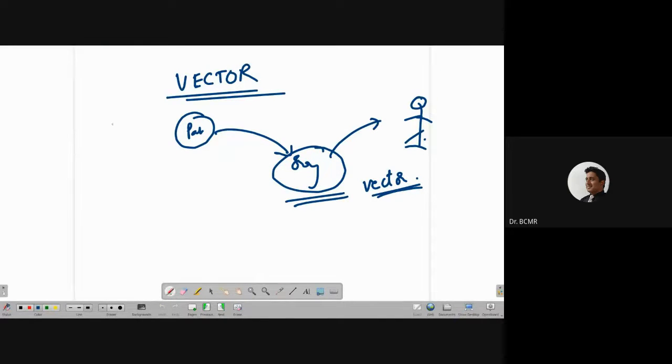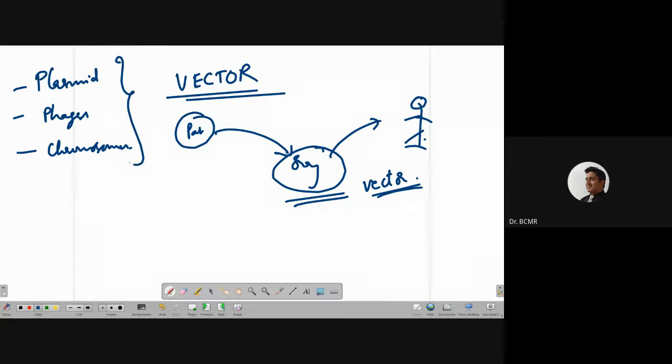There are many different types of vectors. Vectors could have been derived from plasmids, phages, or even chromosomes, bacterial as well as eukaryotic. There are so many varieties of them. We cannot cover all of them, but we will cover some of the very important ones.